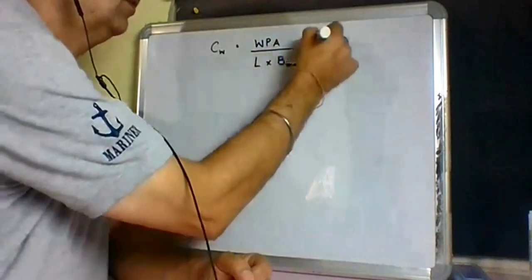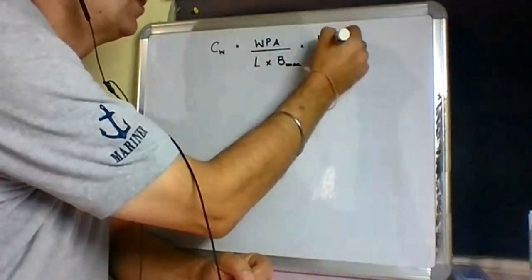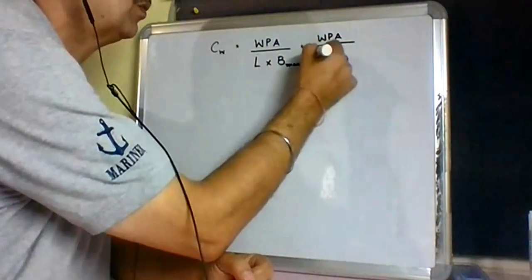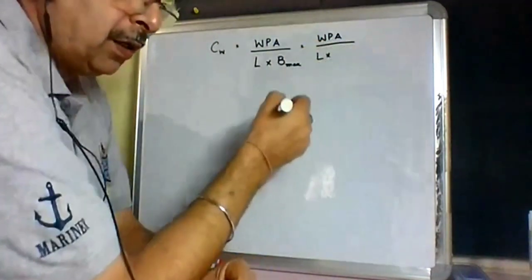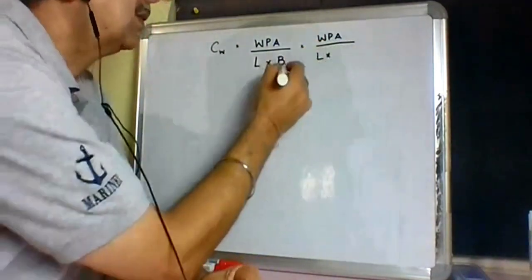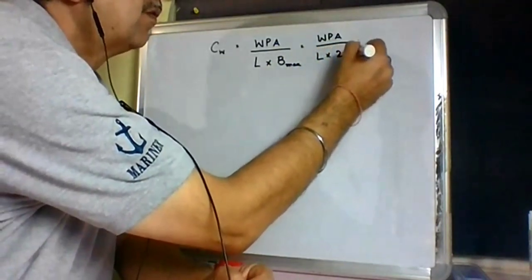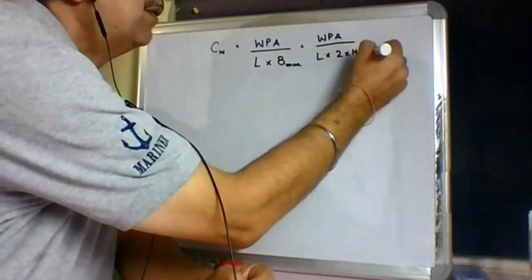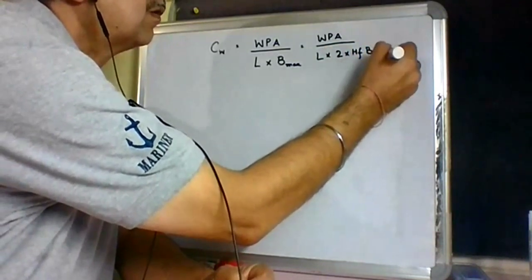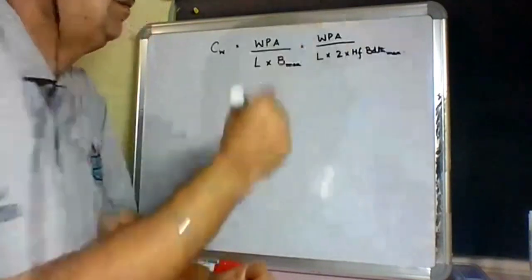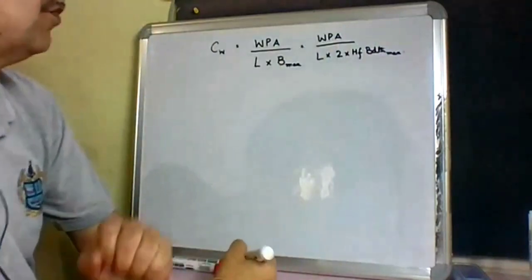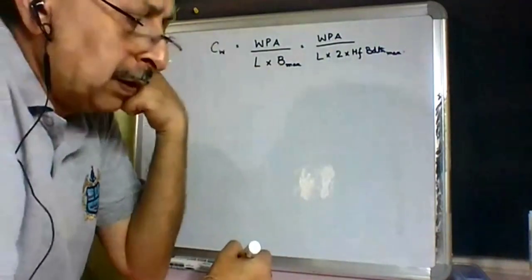Now, water plane area you will find out from Simpson's rules. In this question, you are given half breadths, so twice the maximum half breadth will be the one which you will take. With that will become your breadth maximum.